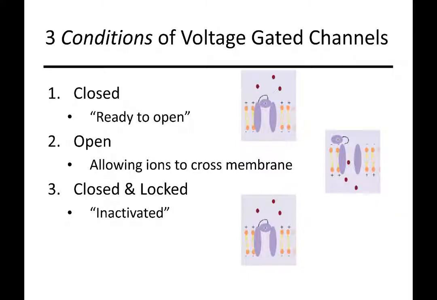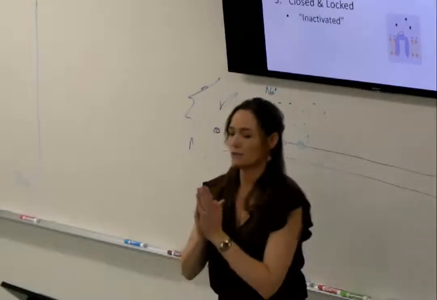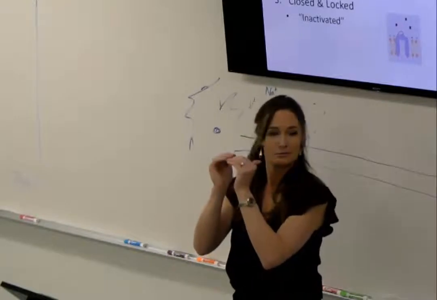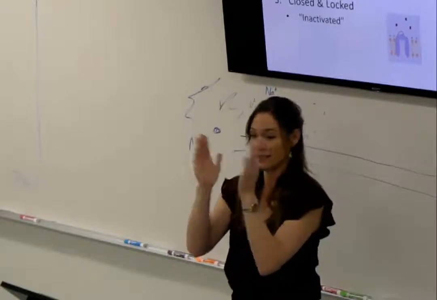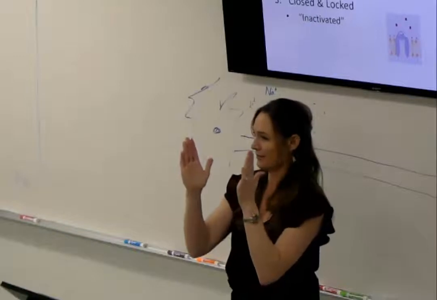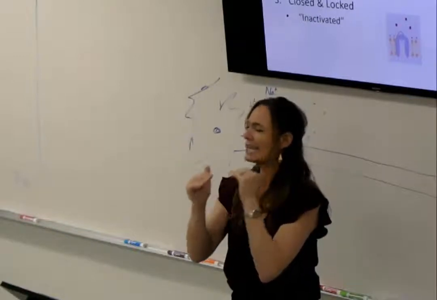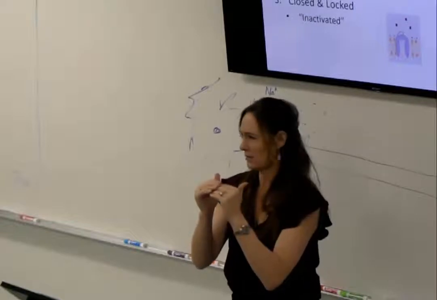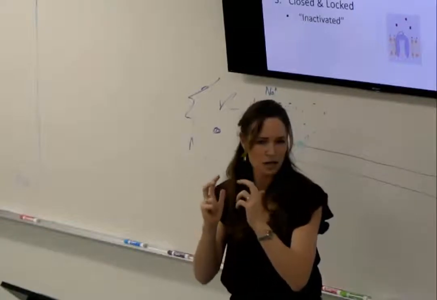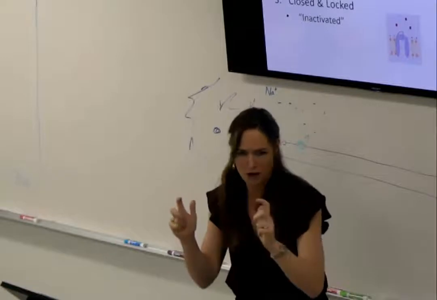Voltage gated channels that are here on the axon can be one of three ways. Here's a channel. It could be closed, okay, nothing's coming through. It could be open, now it's coming through. And then you close it again, and they kind of go in a lockdown, like I need to wait a while till I'm ready to go again mode. So I like to call it locked. Your textbooks may not call it locked.